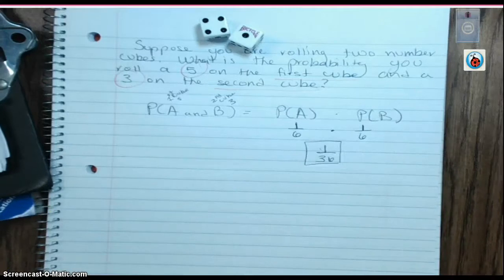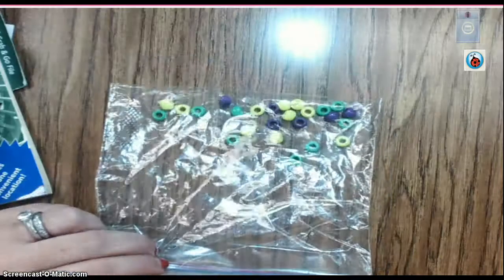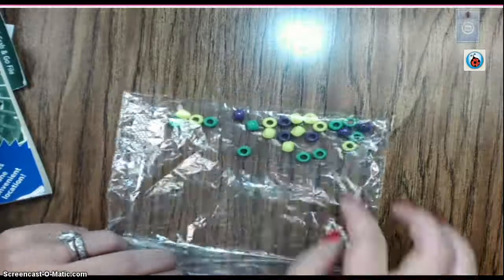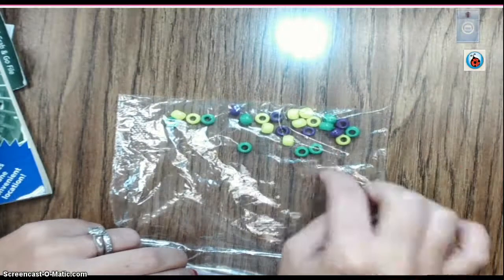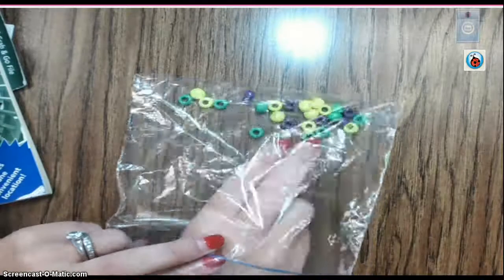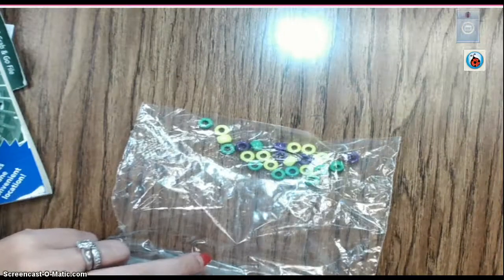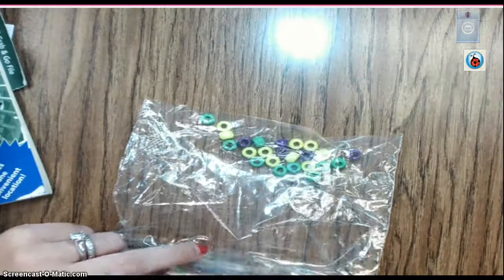Dependent events are events that influence each other. An example of dependent events would be having this baggie with yellow, green, and purple beads, taking one bead, not replacing it, and having to choose again.